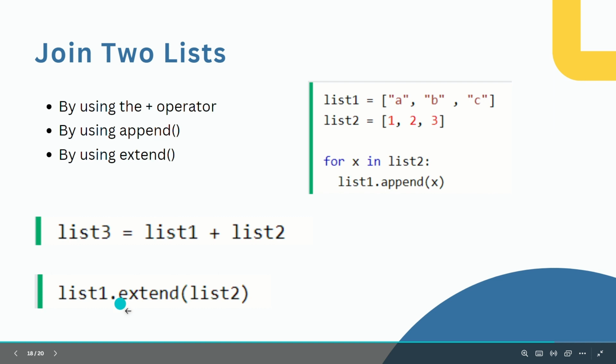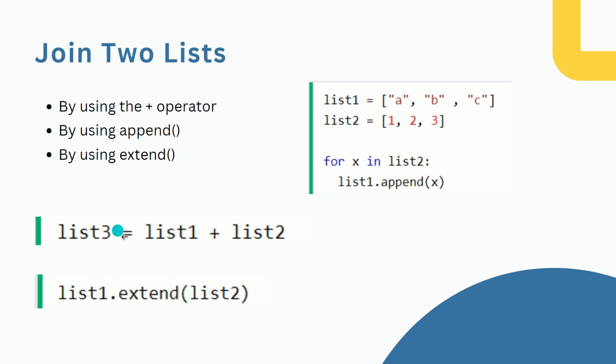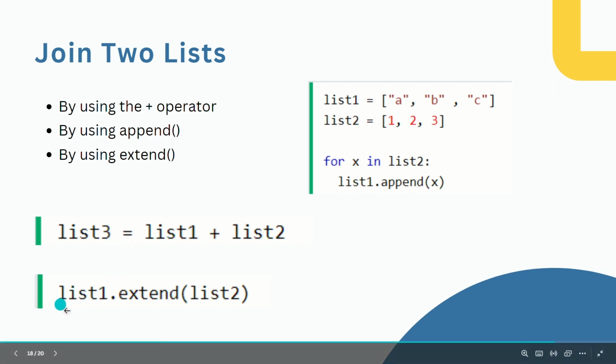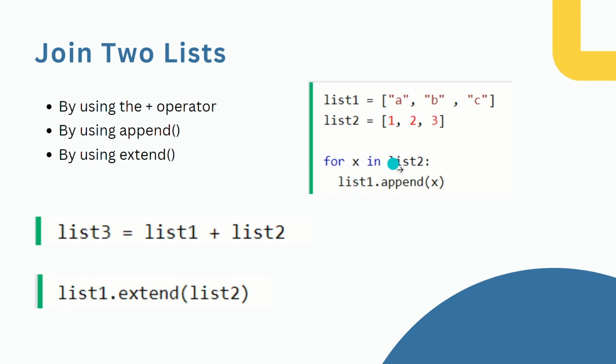Then the other method is using the extend function. So list1 dot extend list2 will extend list1 and will add list2 to it. In the first way we are storing it in a new variable. In this second way it is stored in the first list which we are writing over here. Now there is a third way where you will loop through the list and append each and every element.